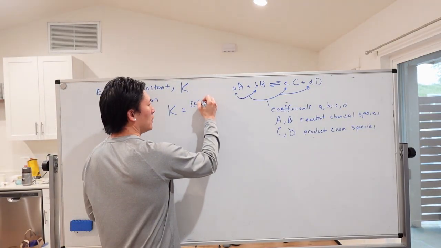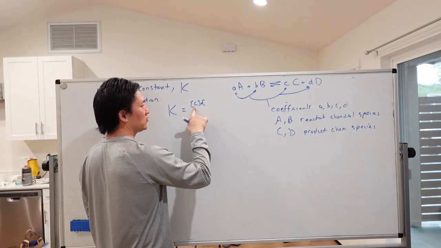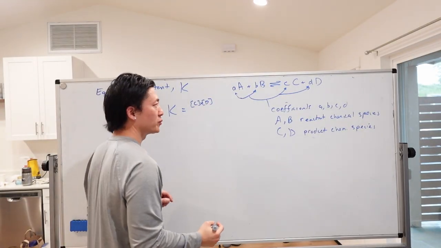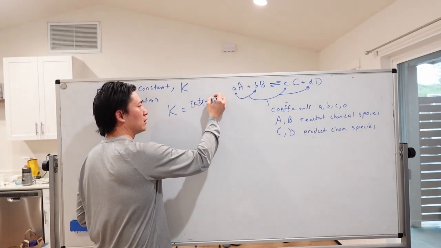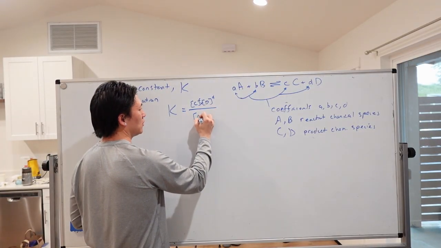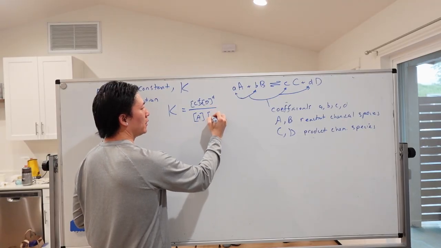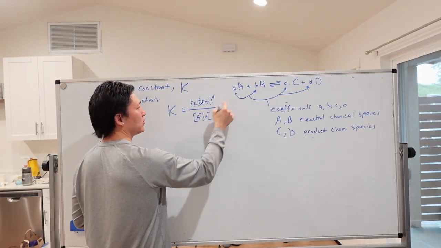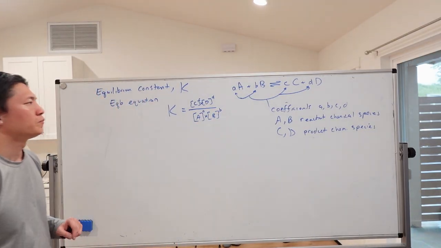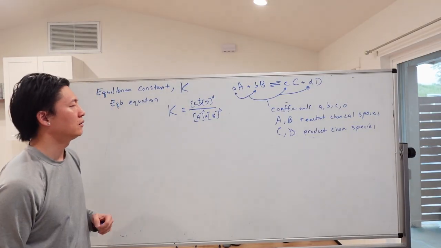So the concentration of C times the concentration of D, both of them raised to their corresponding coefficients, lowercase c and lowercase d, divided by the multiplication of the reactant concentration A multiplied by B raised to their corresponding coefficients, a, b. So this is some mathematical expression that you can calculate.